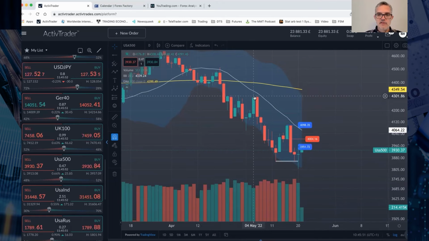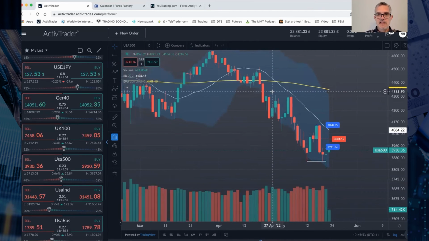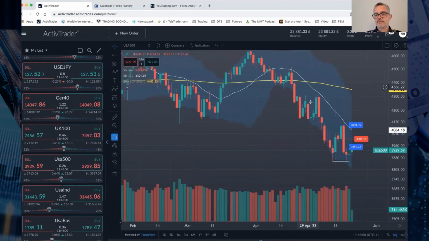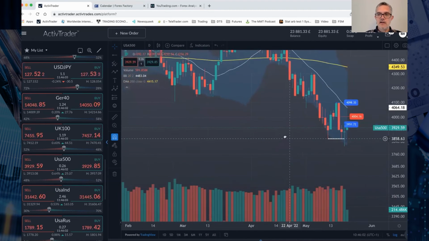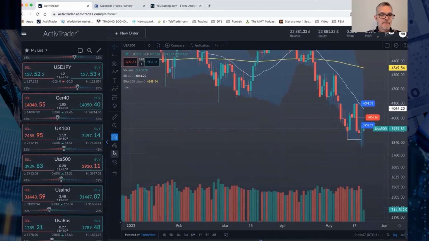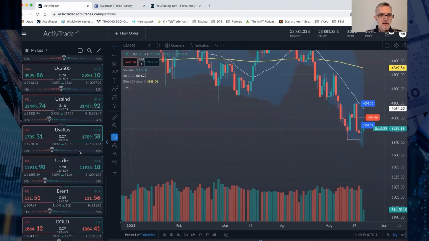So above 4,301 would be ideal. And then if we can get that taken, see if it acts as support and retest before making higher highs. Otherwise, we are coming down a lot lower, and that's just not very good for anybody.